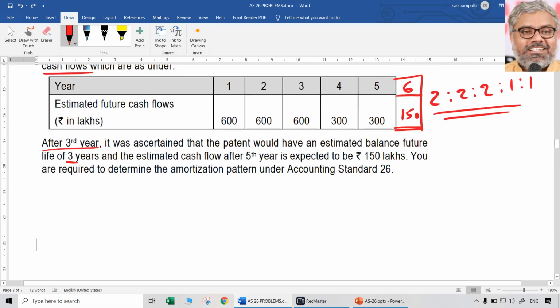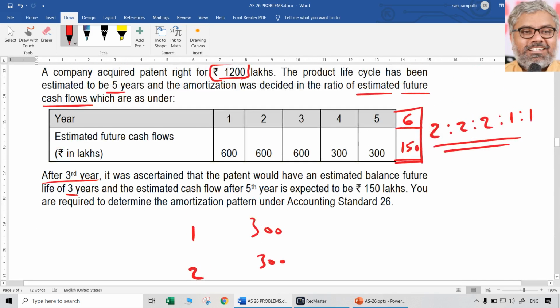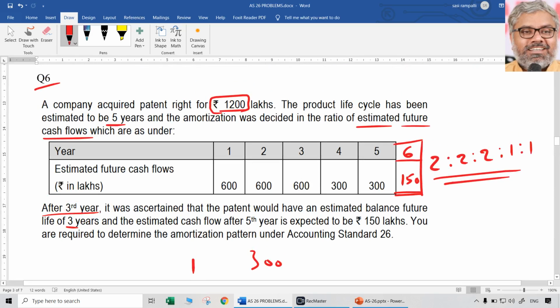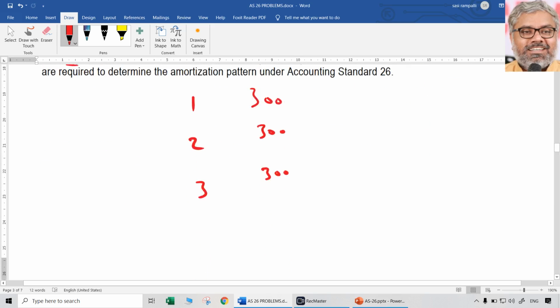That means 300, 300, 300 would have been already amortized in the first 3 years. You have to show the calculations. You can show 1200 divided by the total of this, 2400, into 600. So 1200 by 2400 into 600 is nothing but 300. Like that, for the first 3 years, 300, 300, 300 amortization would have happened already.